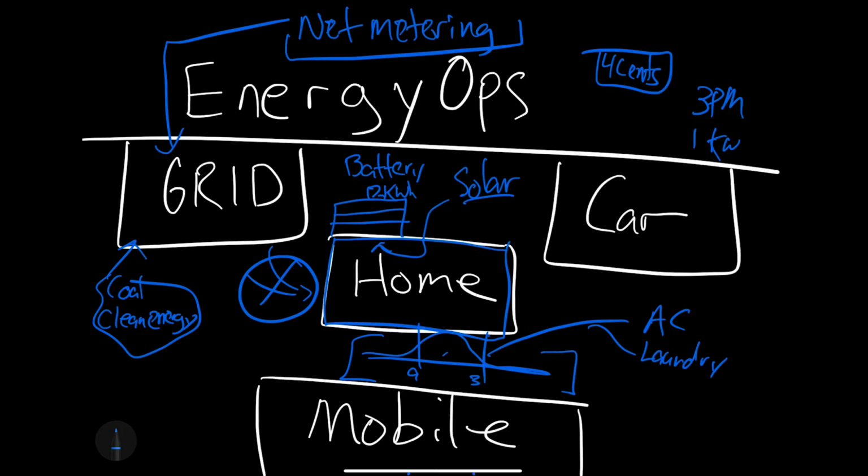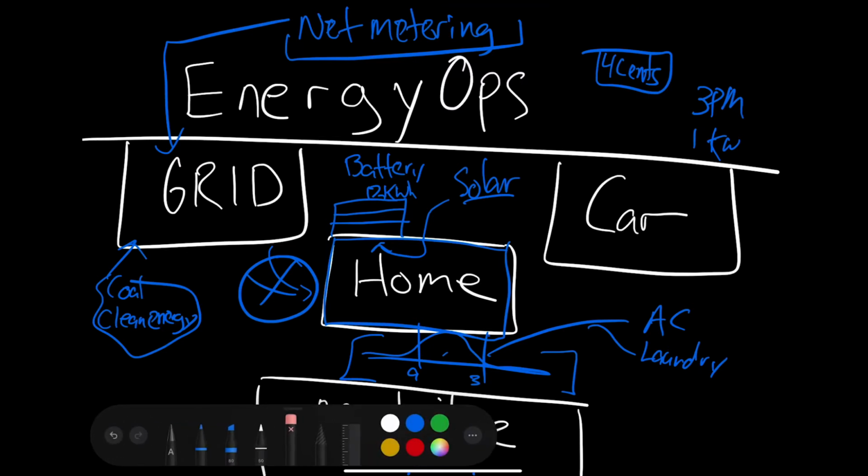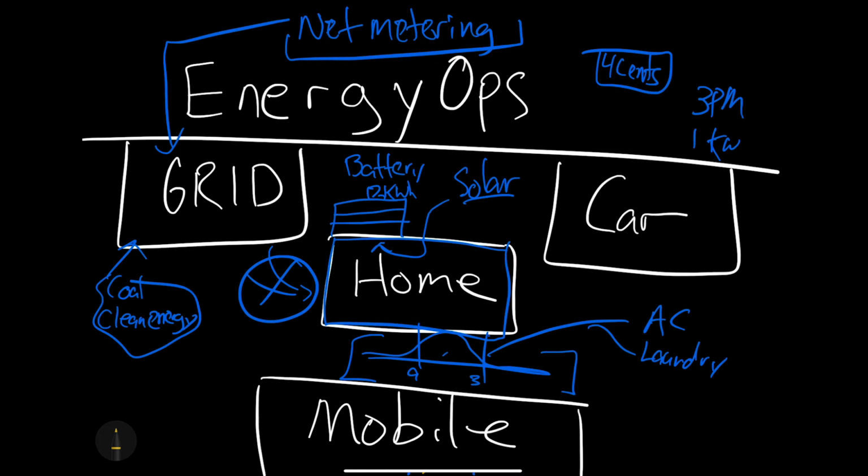Further, with this energy operations scenario, you can start to get your car also as part of the loop. If you convert to an electric vehicle, and there are many electric vehicles now that are relatively inexpensive, let's say $10,000 to $20,000, you can tell your car to treat your home like it's a fuel station.